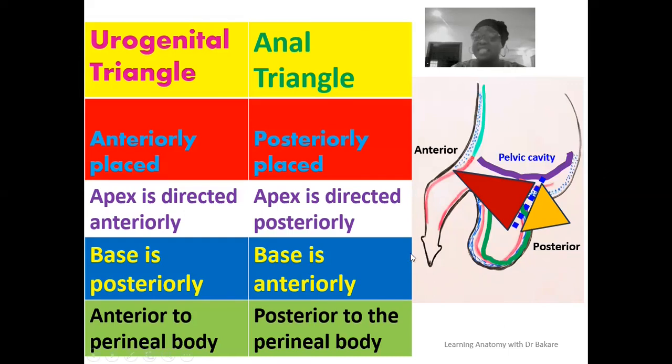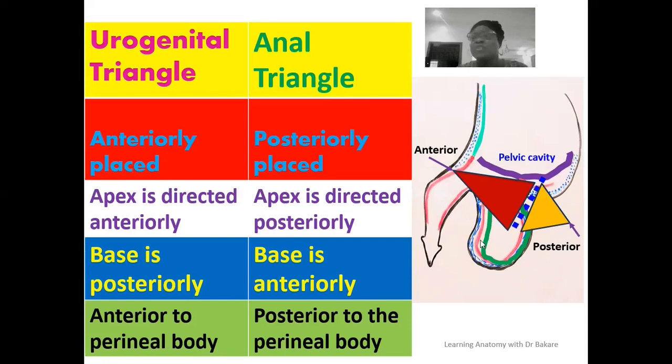For the urogenital triangle that is located at the front, the apex, as arrowed here in purple, is directed towards the anterior region, while the apex of the anal triangle that is arrowed here in purple is seen to be directed towards the posterior region. So you see that the apex of these triangles are directed towards different poles, considering their configurations.